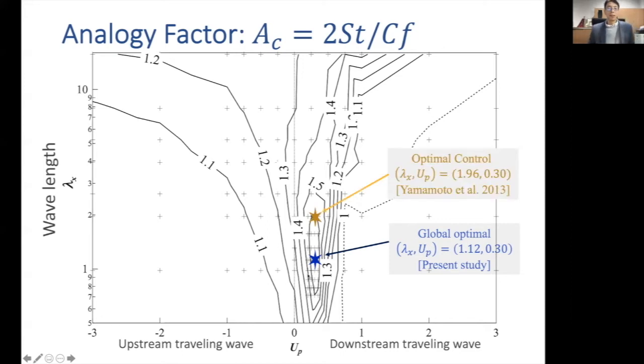What's interesting is that what we obtained by optimal control is very close, not so bad actually. The phase speed is exactly the same, but the wavelength is slightly overestimated. This is probably because, as I mentioned before, optimal control theory only considers a limited time horizon. On the other hand, with this parametric survey, we can really find the global optimal.